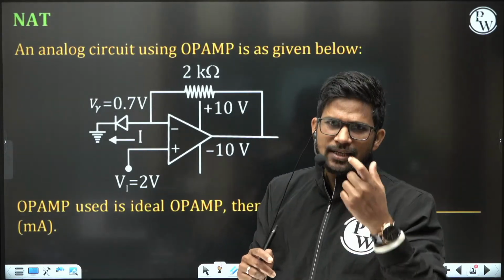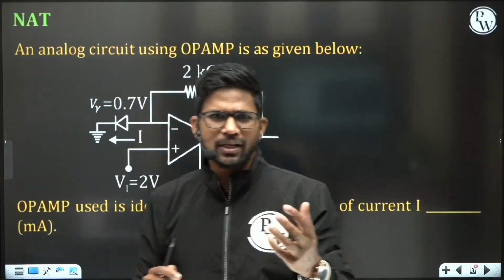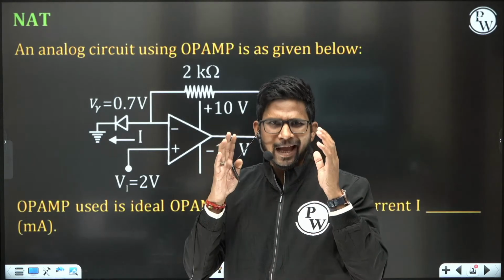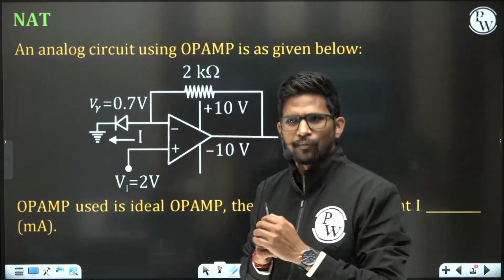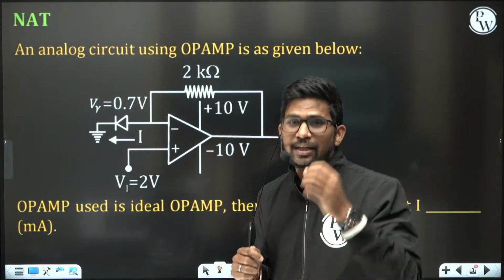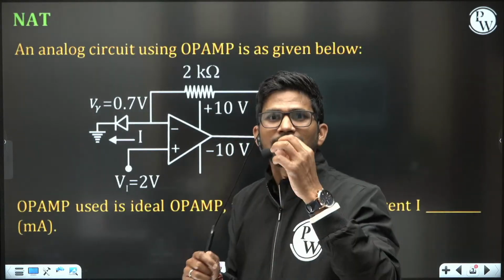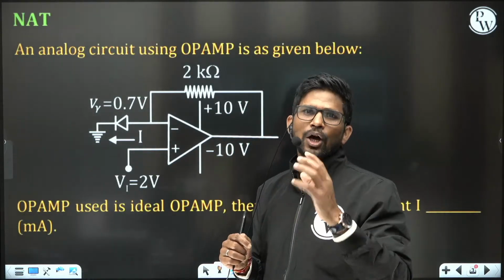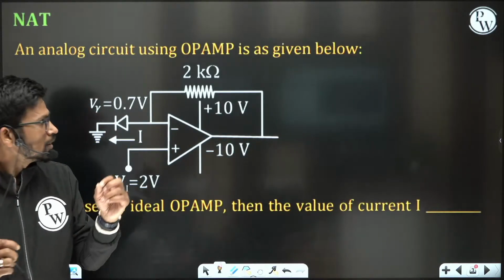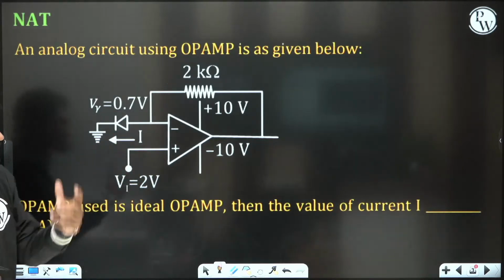If there is a single diode, then the open circuit test will be final, and whatever the result of the open circuit test, that is going to be the full and final result. If the open circuit test says that the diode is on, then definitely the diode is in on condition. If it says that the diode is off, then definitely the diode will be off. So first let me find out whether my diode is on or off by open circuit test.